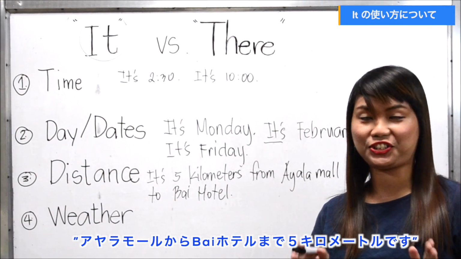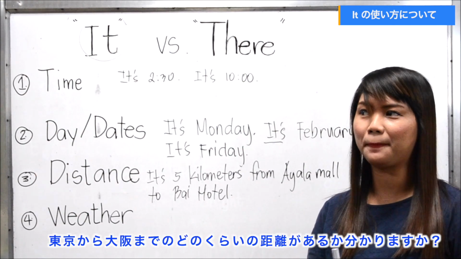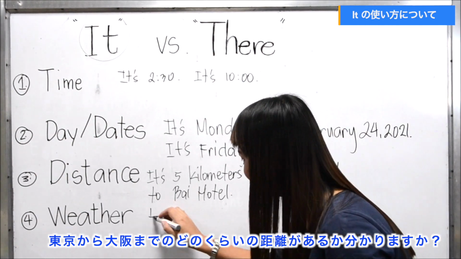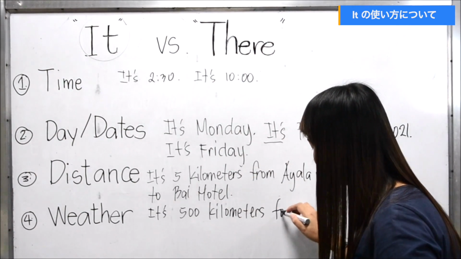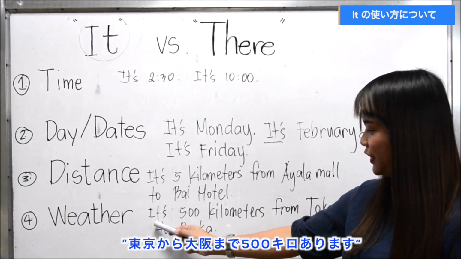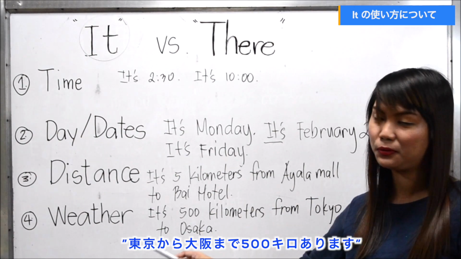How about this situation? Can you guess how far is it from Tokyo to Osaka? Let's say, 500 kilometers from Tokyo to Osaka.